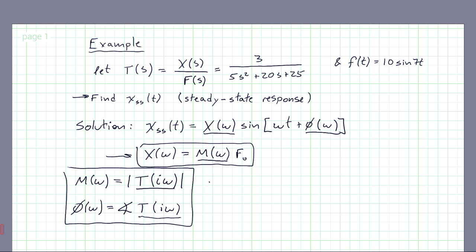So this magnitude ratio, which is the absolute value of T(i omega), is going to be basically the amplitude of this transfer function evaluated at i omega.